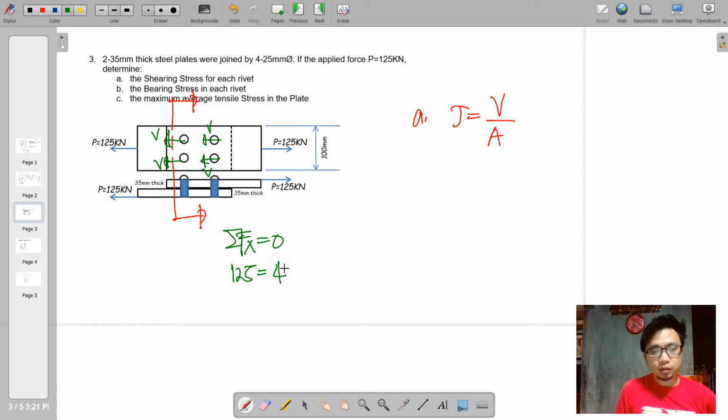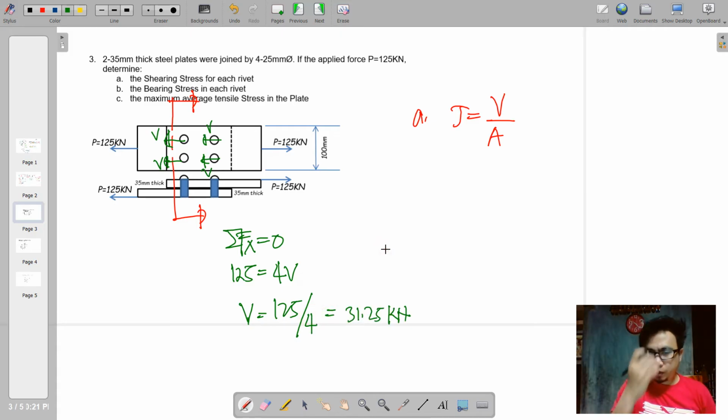Okay, so 4V. So therefore, V is equal to 125 all over 4, and that will be equal to 31.25 kilonewtons. Okay, so no problem with the area because the area is just the cross-sectional area here.